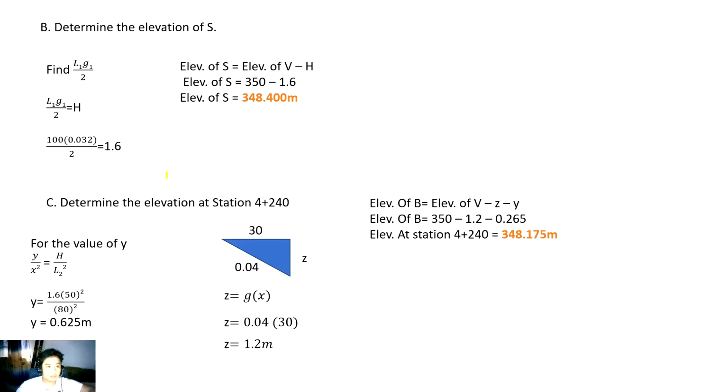So, alam naman kasi natin, di ba, na ang formula na pag ang L1G1 over 2 ay mas malaki sa H, ibig sabihin nun, manggagaling siya sa PT. While pag mas maliit naman yung L1G1 kaysa sa H, manggagaling naman siya sa PC.